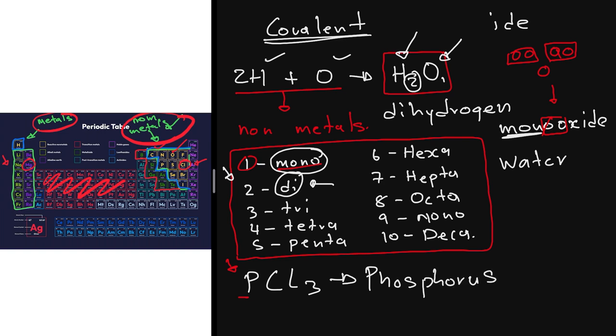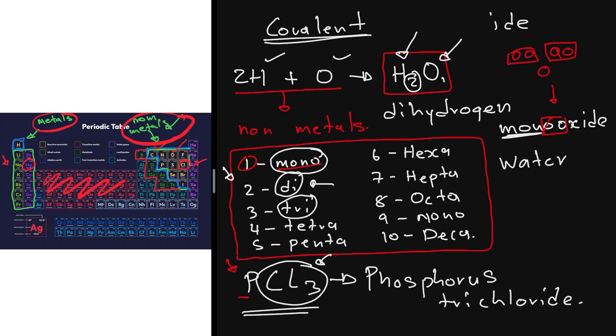And then we come to the last part, which is chlorine. But remember, chlorine we change to chloride. But how many chlorines do we have? We have 3 of them. So we're going to write the prefix of what? Of tri. So this is going to be phosphorus trichloride. Okay, so that will be the name of that compound.